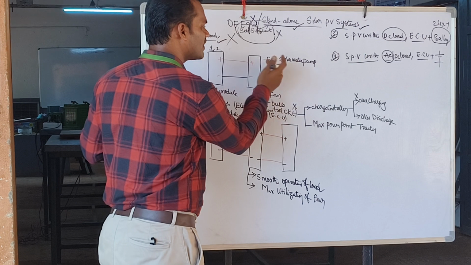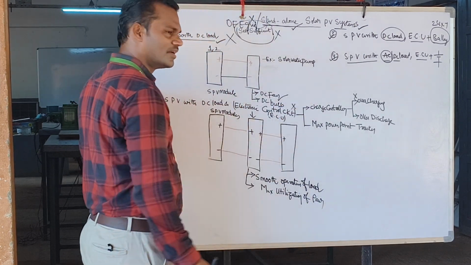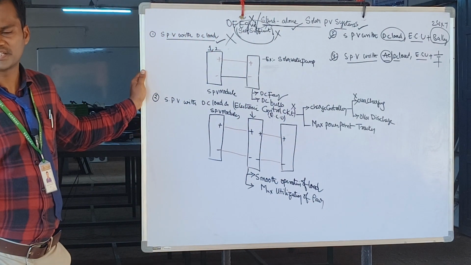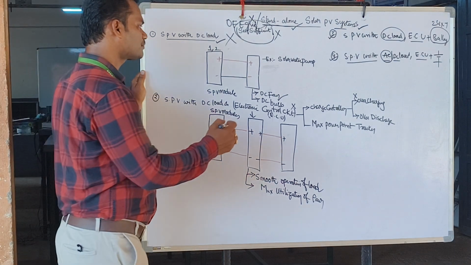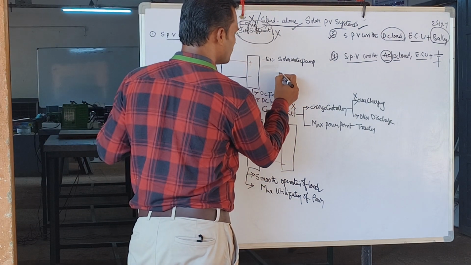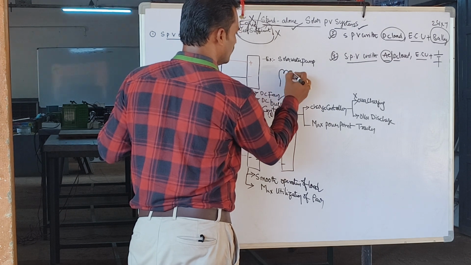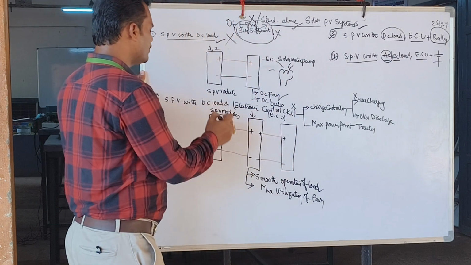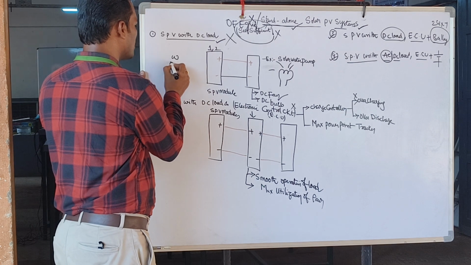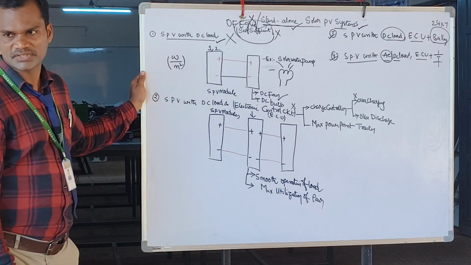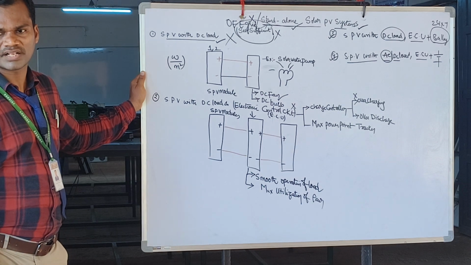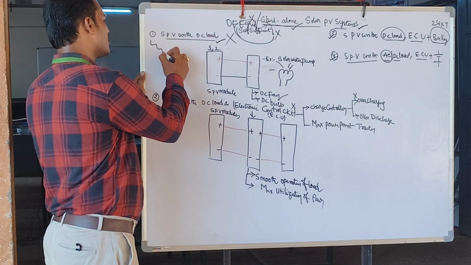This solar array is directly connected to the DC load, where I am going to take the DC load as a DC fan or a DC bulb. The problem here is when you have a DC bulb like this and the solar radiation is varying. Solar radiation is measured in watt per meter square, and by using a solar meter or lux meter, we can measure it.